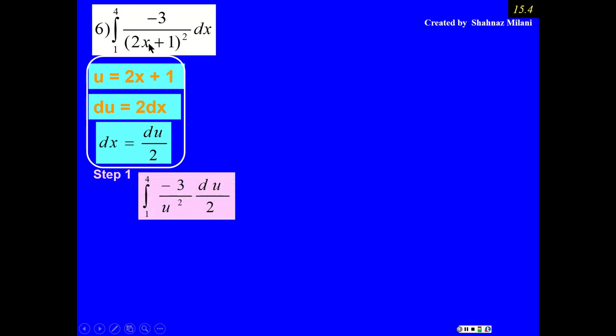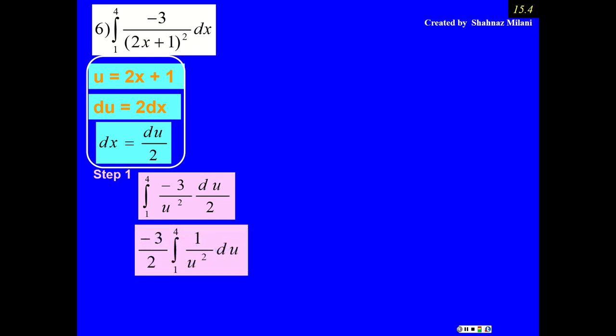The denominator inside becomes u. This exponent 2, I carry it down. The dx value is going to be du over 2. Now, looking at this problem, minus 3 is the numerator, 2 is the denominator, which means my coefficient is going to be minus 3 over 2.